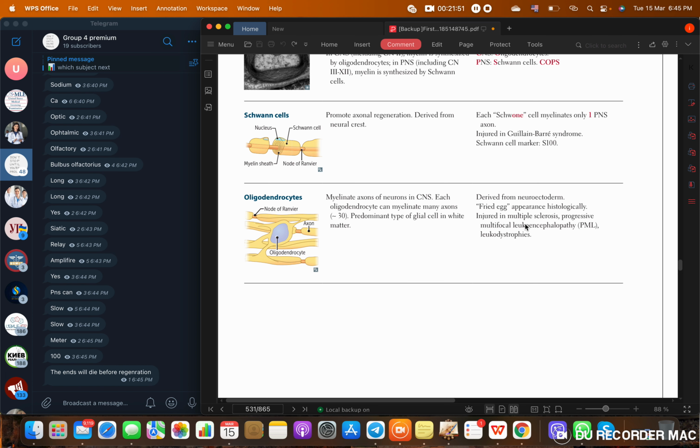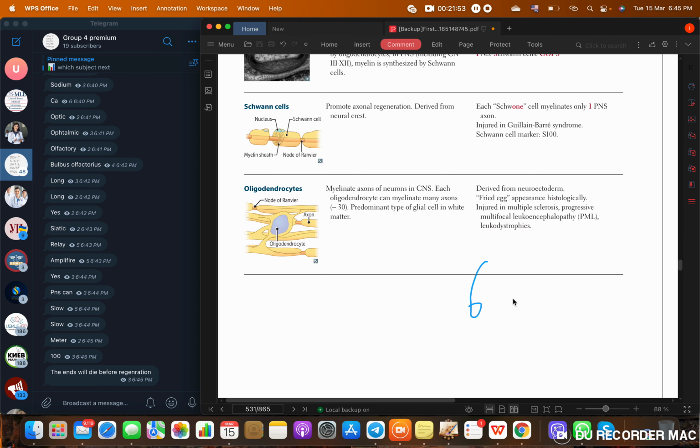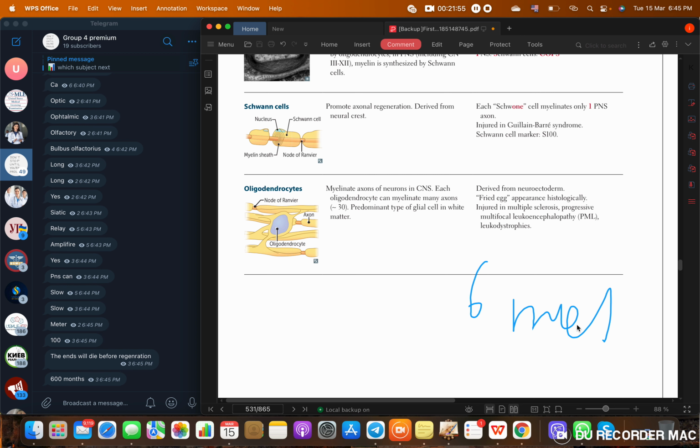It's 50. Because we said 6 months for 1 centimeter. So if we say 100 centimeters, for each 2 centimeters you need a year. So you need 50 years. Let's say he cut it at age 50. It's too late. So yes, it will regrow, but it is just a humongous amount of time.